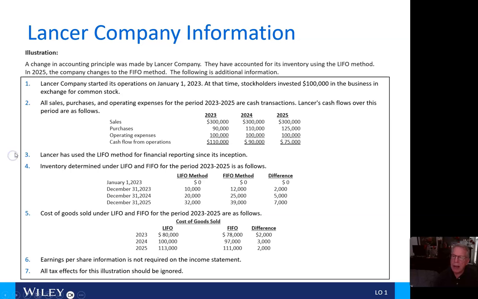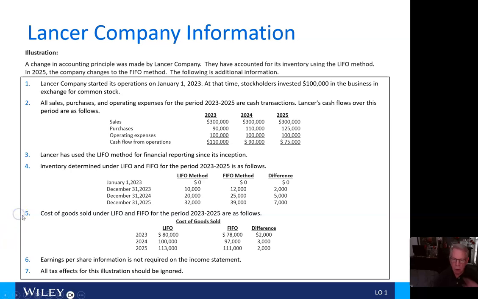Number three, Lancer has used the LIFO method for financial reporting since its inception. Number four, inventory determined under LIFO and FIFO for the period 2023 through 2025 is as follows. And they give that breakdown from January 1, 2023 all the way to the end of 2025 using the LIFO method and the FIFO method and showing the differences.